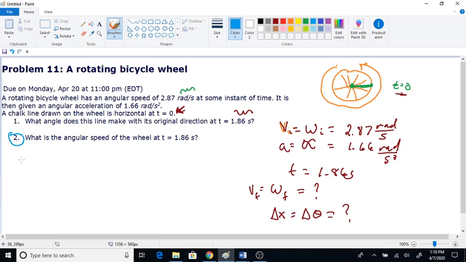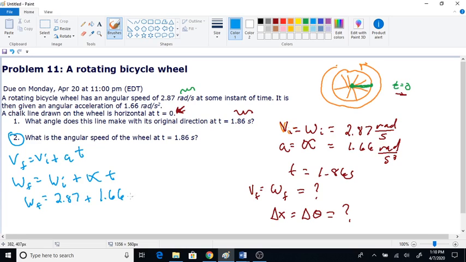We have V final equals V initial plus AT, which in our angular variables is W final equals W initial plus alpha times t. We know all these over here, so let's crank away. It is 2.87 plus, yep, I left units off. Bad, Hendo. Sorry, I'm just going to leave them off here.